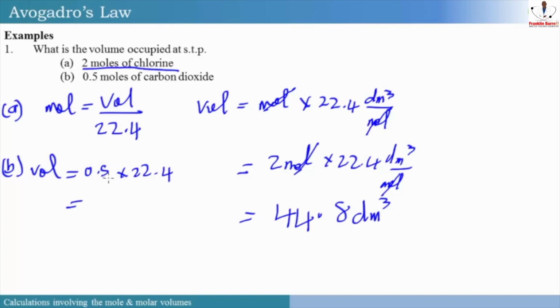And so we multiply 0.5 moles times 22.4 dm cube per mole. 0.5 is really a half, so we're really halving this value. So we will get 11.2 dm cube. So 11.2 dm cube of carbon dioxide is present in 0.5 moles of carbon dioxide.